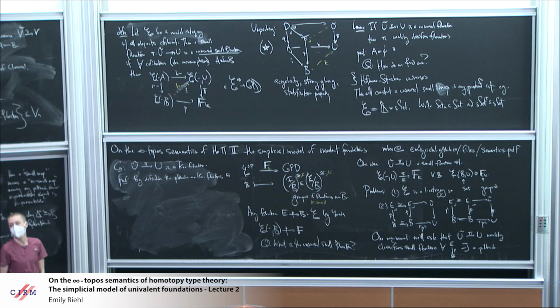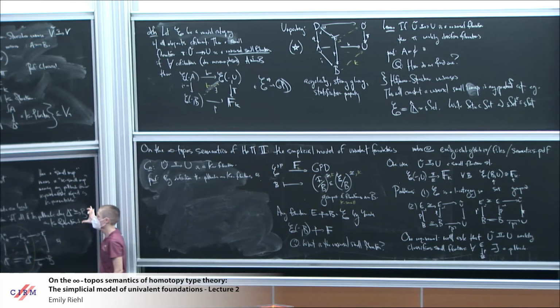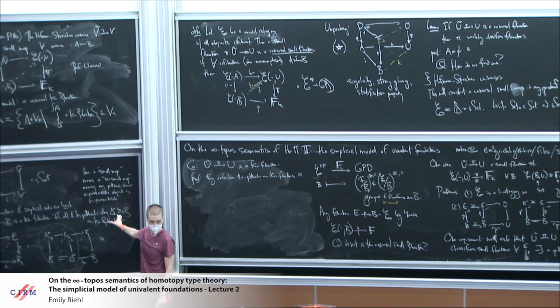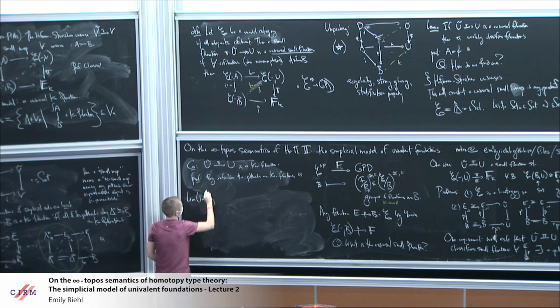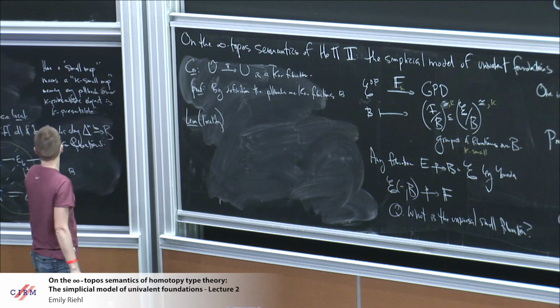I still need to argue that it's the universal small fibration satisfying that definition above. And for that, we're going to take advantage of another point of view on this locality property, which I'm going to frame as follows. So this is another lemma about locality. And what does it say?